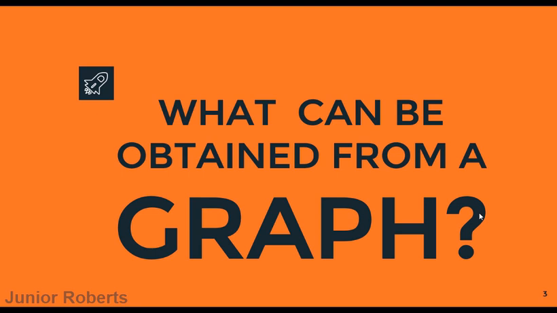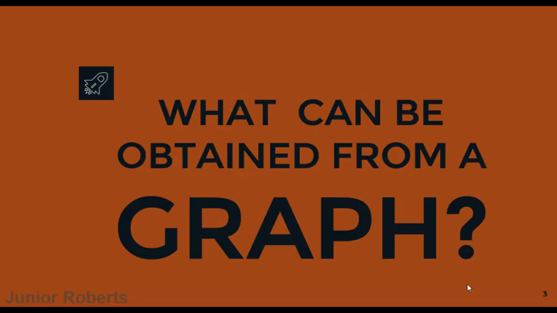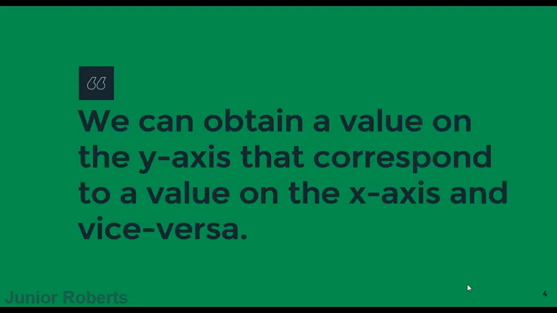So we're going to start out by asking ourselves what can be obtained from a graph. From a graph we can obtain a value on the y-axis that corresponds to a value on the x-axis and vice versa.